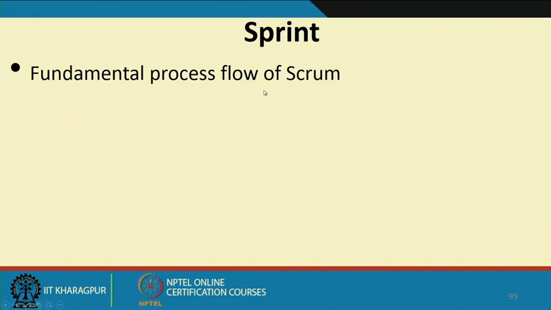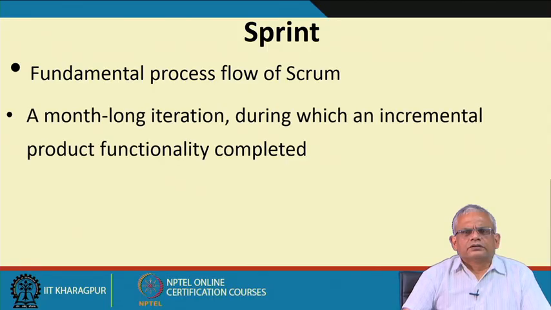A sprint is actually an iteration or a time box in which an increment is developed and delivered to the customer. Usually, it is a month-long iteration in which some existing features might get improved or some new functionality may be implemented.